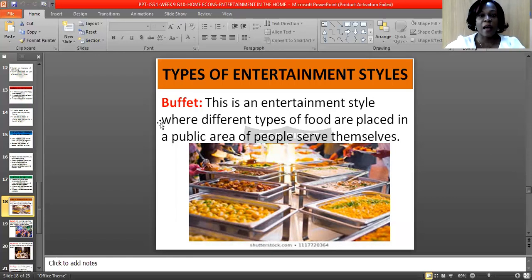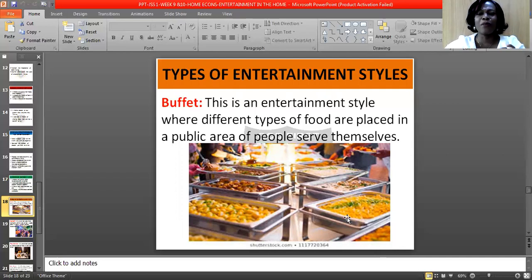This is buffet style. Buffet style is an entertainment style where different types of food are placed in a public place where people serve themselves. That is the one we call serve yourself. Do you understand? You can see the different types of food. I can see fried meat, fried chicken, fried rice, so many things cooked, even spaghetti and macaroni.